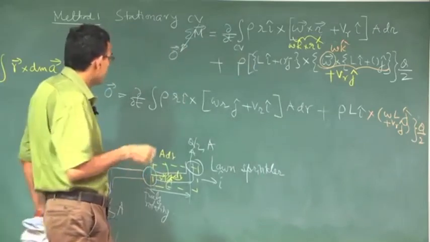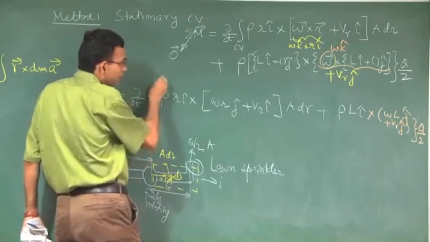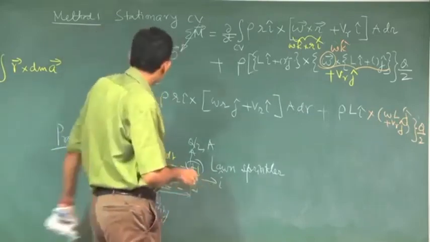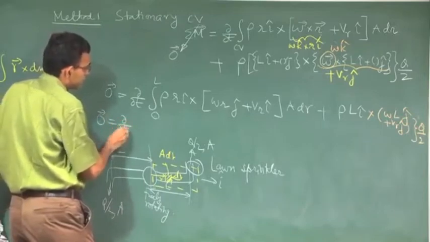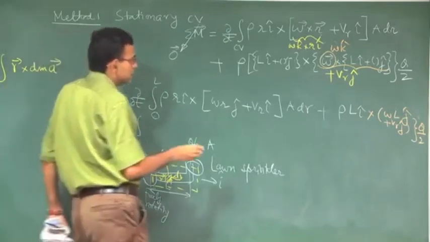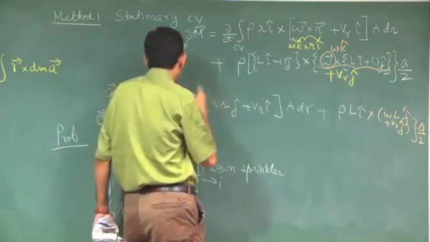So then this will be 0 to L, so I cross I will not matter, but I cross j will matter.